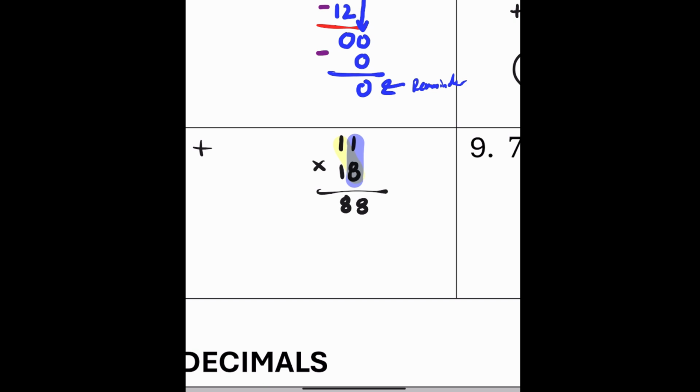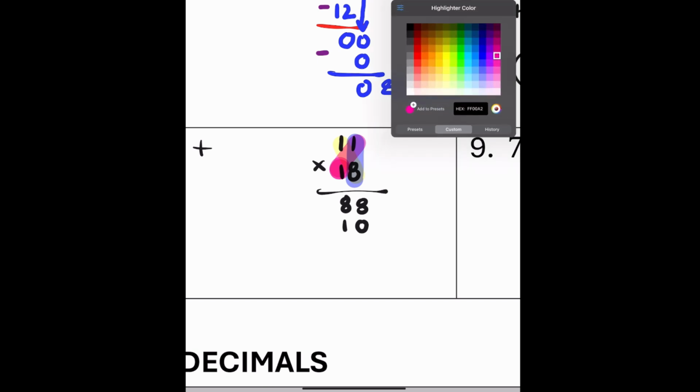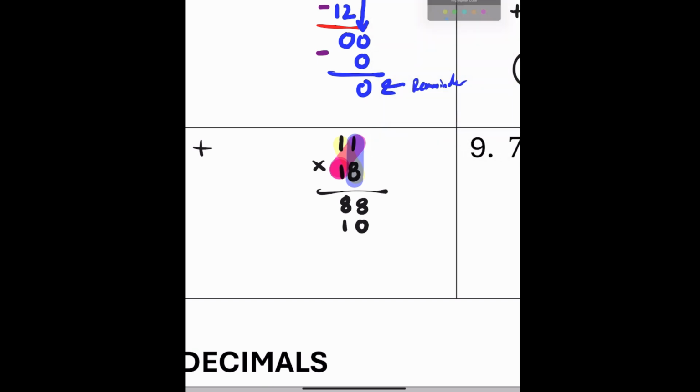And now we're going to move on to this 1 here. But before we do that, we need to make sure that we add a 0 because we're moving on to a different number. Okay, so we have 1 times 1, that's 1. And then we have 1 times 1, that's 1 again.